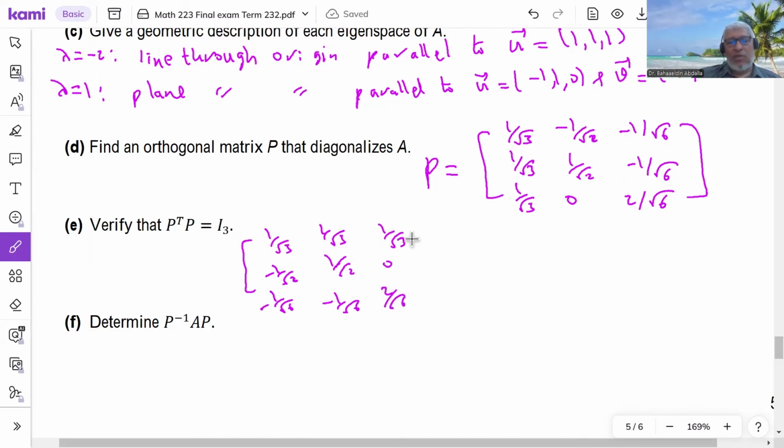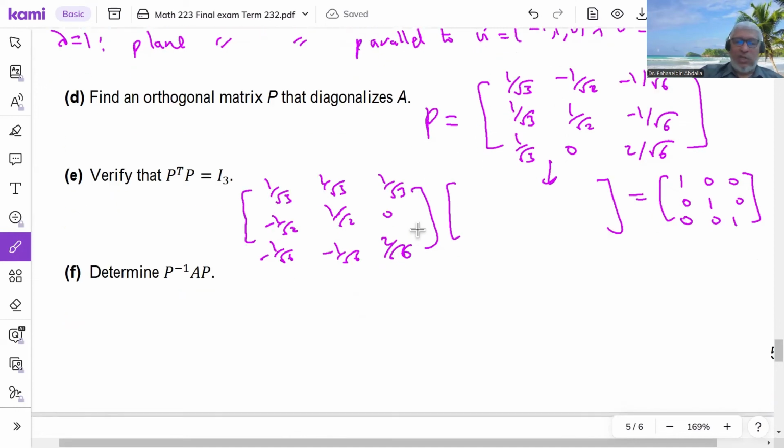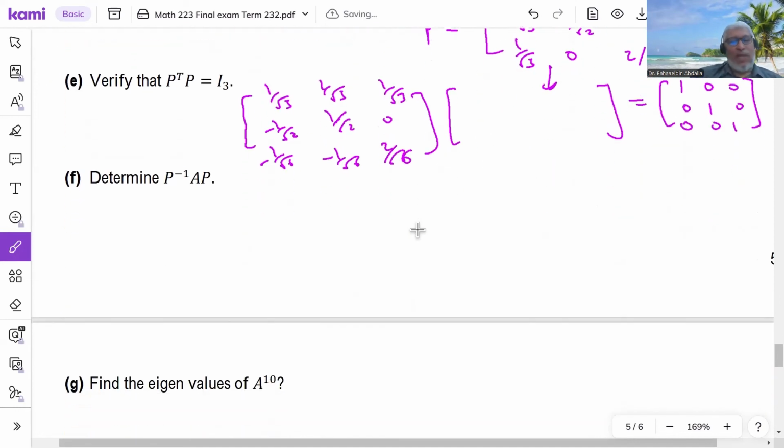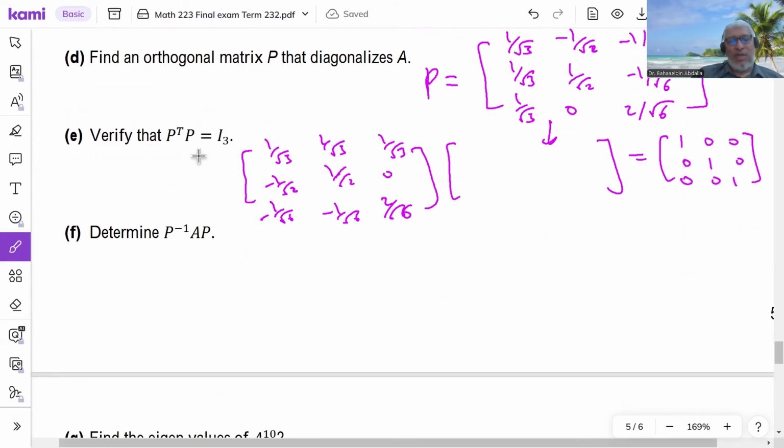You multiply this by P, and make sure that you get the identity. This is to check that your answer is correct. Determine P inverse AP. P inverse here, because it's orthogonal, is P transpose. So P inverse is in fact this one, P transpose.